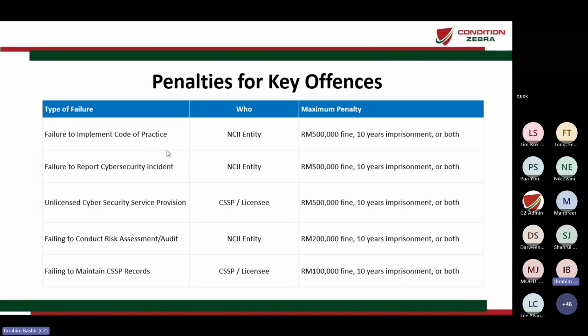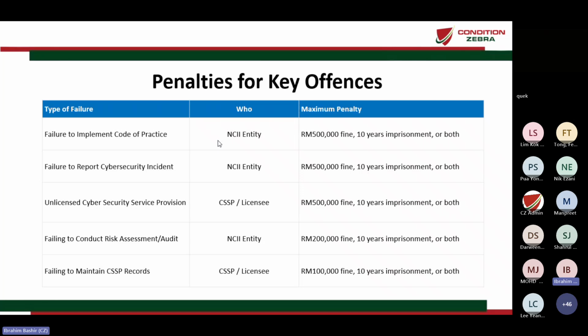Okay. So first thing is failure to implement code of practice. This basically applies to those NCII entities. According to the NCII requirements, those entities have to implement a code of practice. Normally, they would be notified by NACSA, the National Cybersecurity Agency, or by their sector lead to implement these codes of practice.